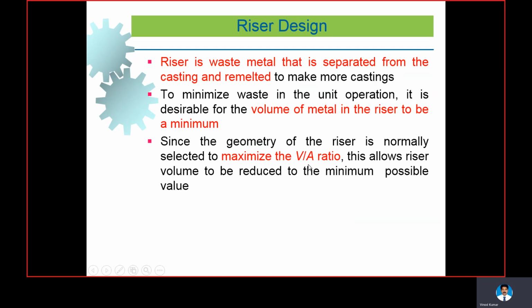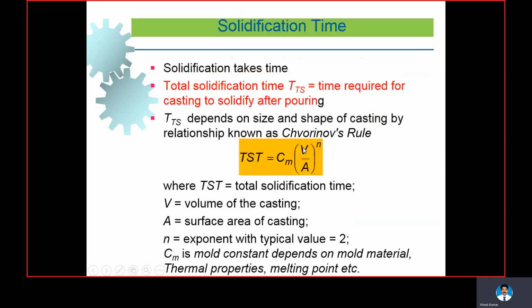Why? If V over A, or volume divided by area as per the equation here, riser volume divided by area, is high, then the total time required will be high. If the total time required is high, then the riser solidifies more slowly than the casting.